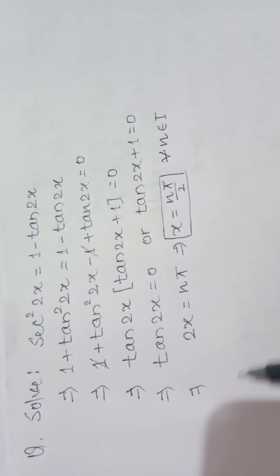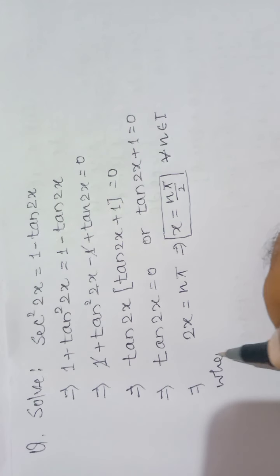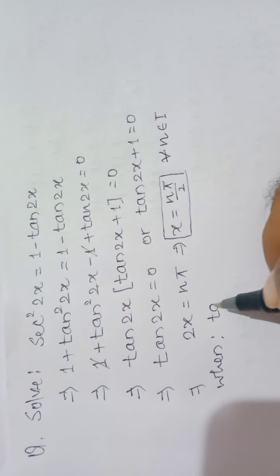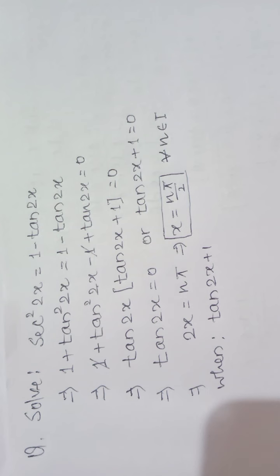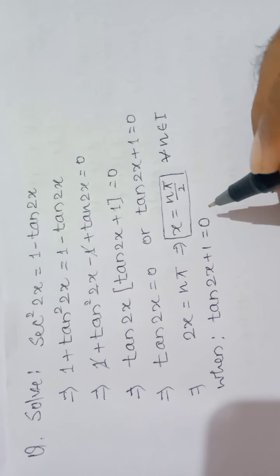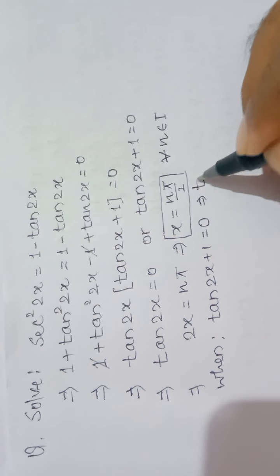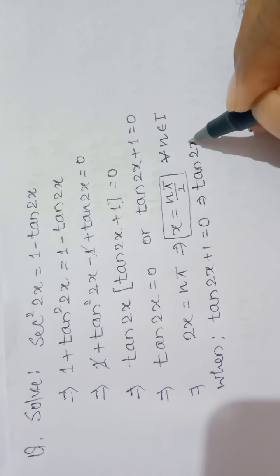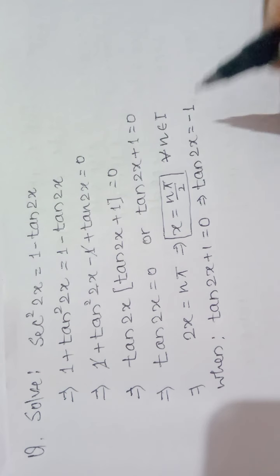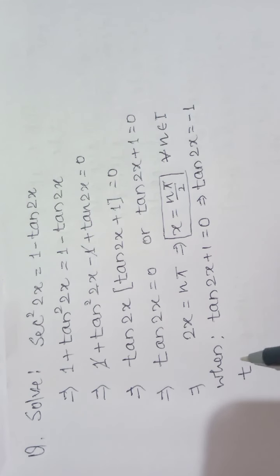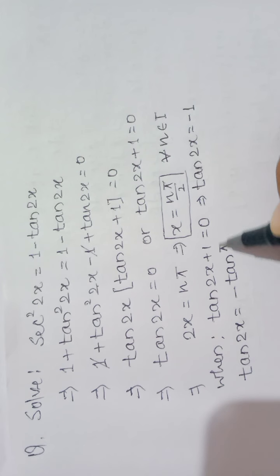Now on the other hand, when tan 2x plus 1 equal to 0, it means tan 2x is equal to minus 1, and tan 2x is equal to minus 1 means tan 2x is equal to minus tan pi by 4, since tan pi by 4 is 1.